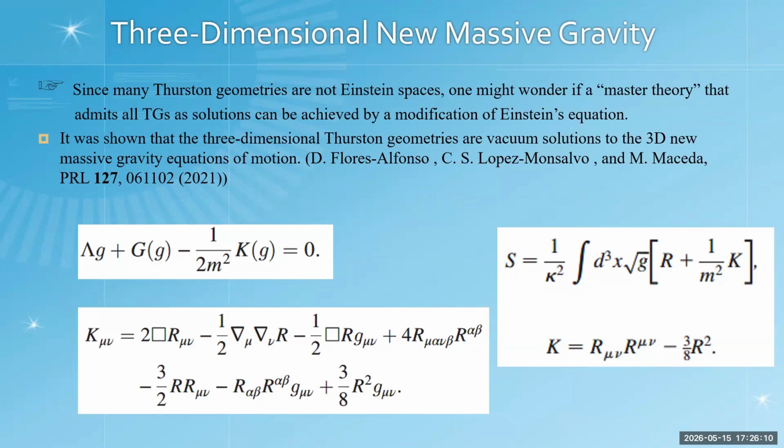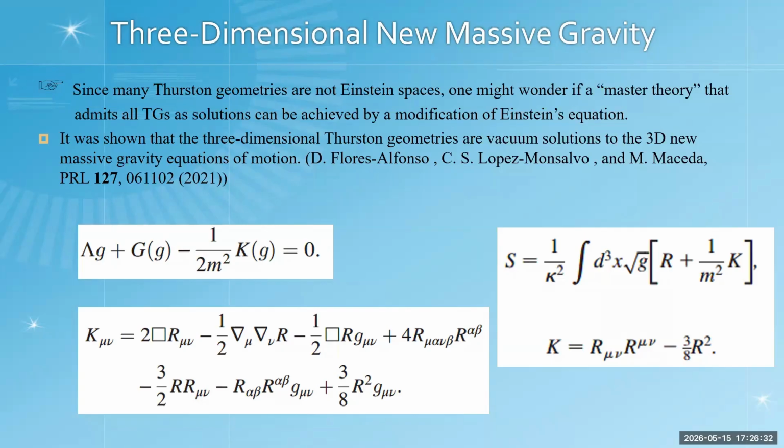Actually, Townsend and others carefully chose this coupling such that this theory doesn't contain a ghost, so it is a unitary theory. But you said that Thurston geometry is the most general geometry, yet they satisfy only this special action?